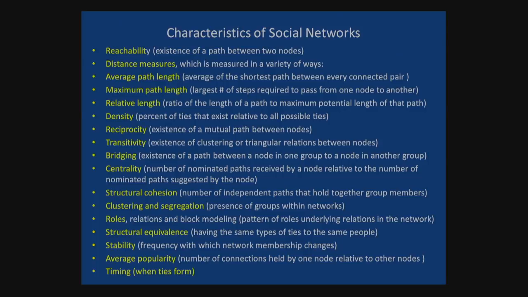If we looked at density, down in the middle there, it is the percent of ties that exist relative to all possible ties. That is, how many people know each other? And bridging talks about the existence of a path between one node and the other. Often you have two sets of networks that are relatively isolated from each other, but there's one person who's a bridge.